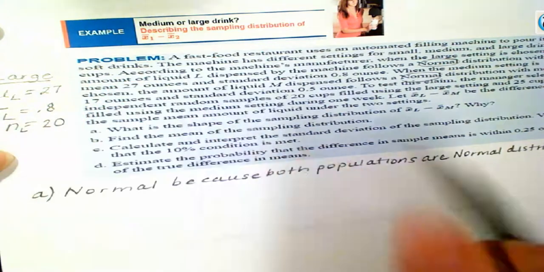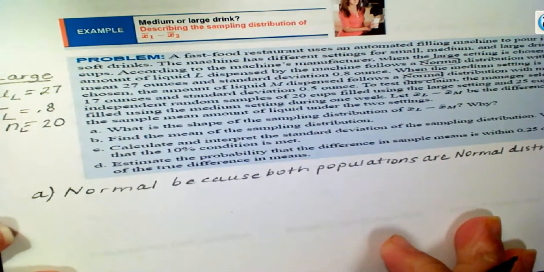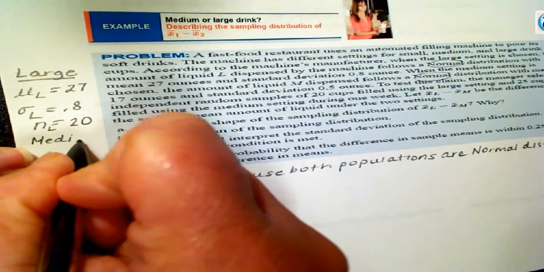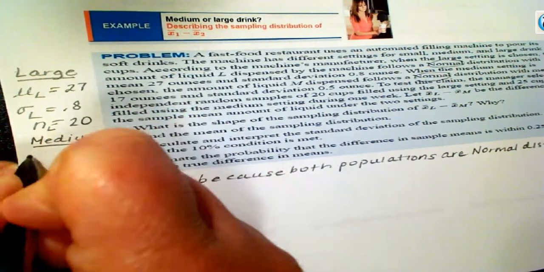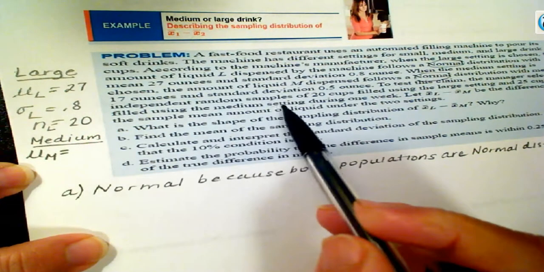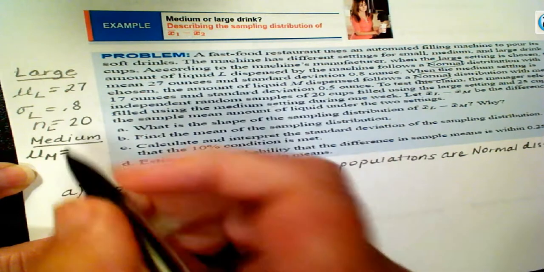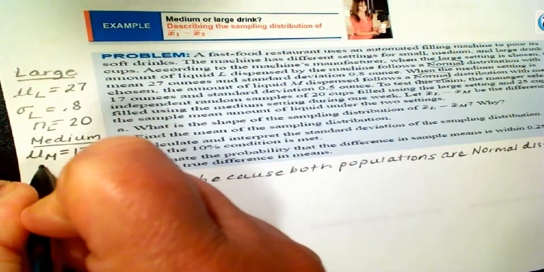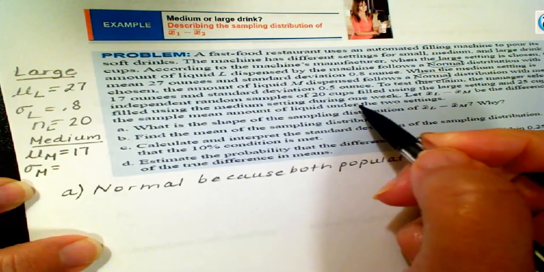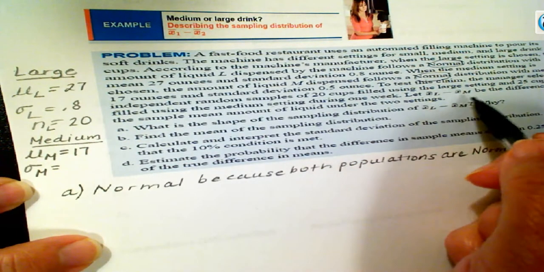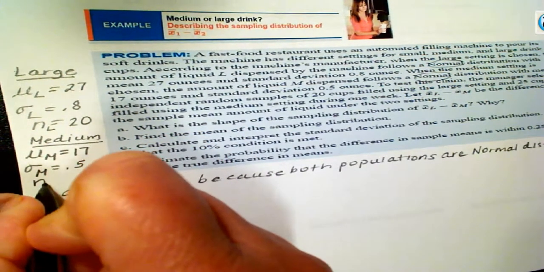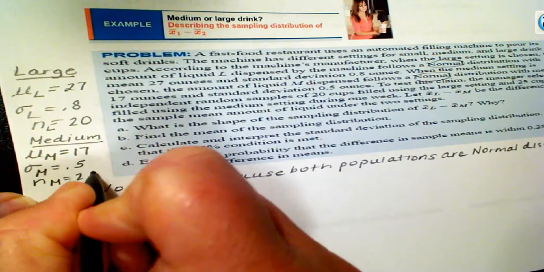And this is just going to help us as we work this problem out. In the medium, the mean of the medium was 17, the standard deviation of the medium was 0.5, and 25 is what they're doing here. So the number in the sample of the medium was 25.